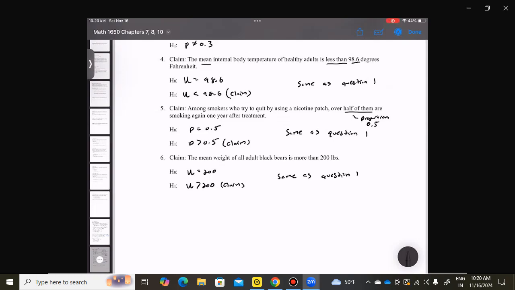Okay, so that is just setting up the claim. We're going to be doing a little bit more with that as we go through these problems, especially looking at how to really get to some of these problems and getting these alternate and null hypotheses figured out.